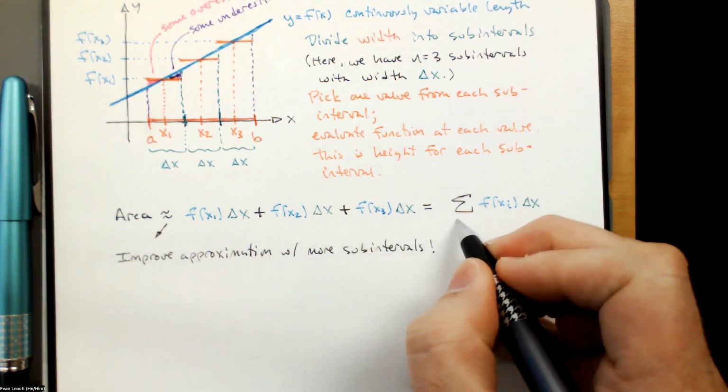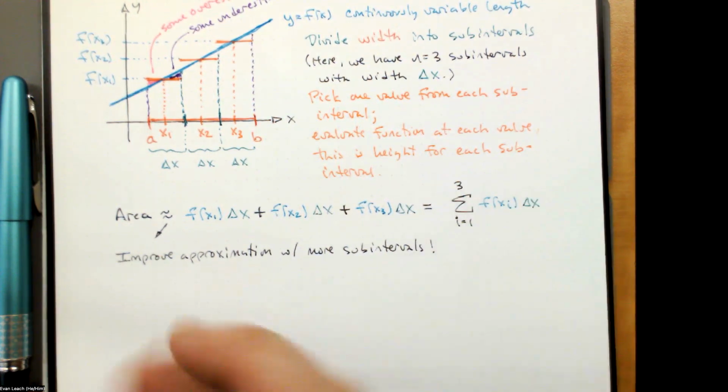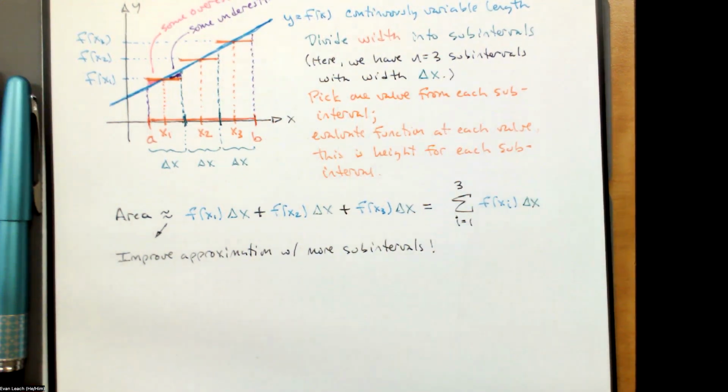So we'll say i is 1 to 3. This is summation notation or sigma notation, because that is a capital sigma.